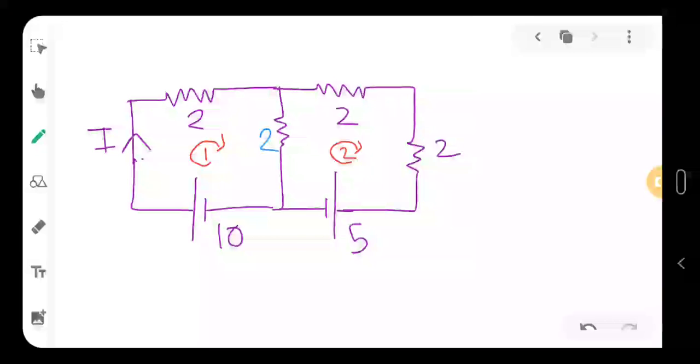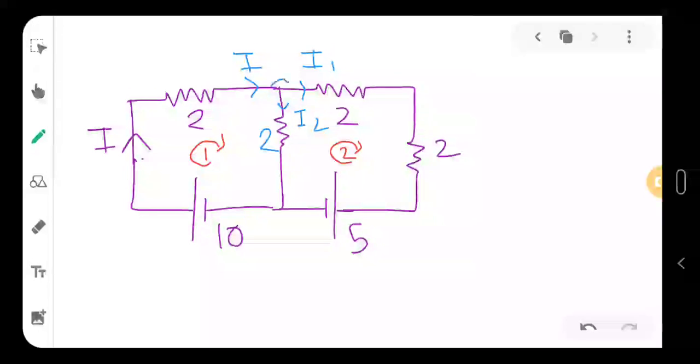Here the total current I is entering, but I has two ways to go, either this way or that way, and I don't know which way they are going. So let's say this is my I1 and this is my I2. That means I is being separated into I1 and I2.